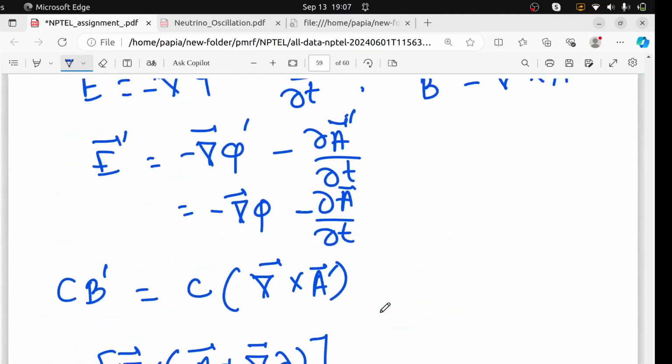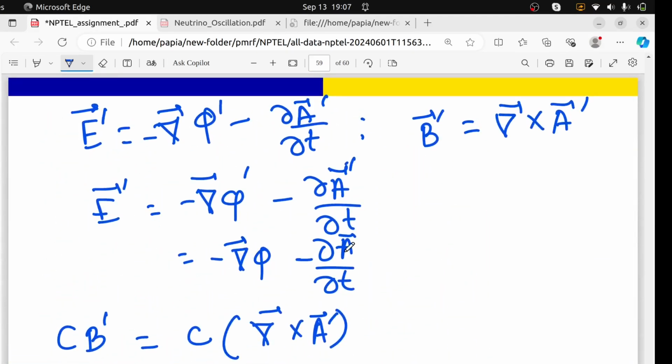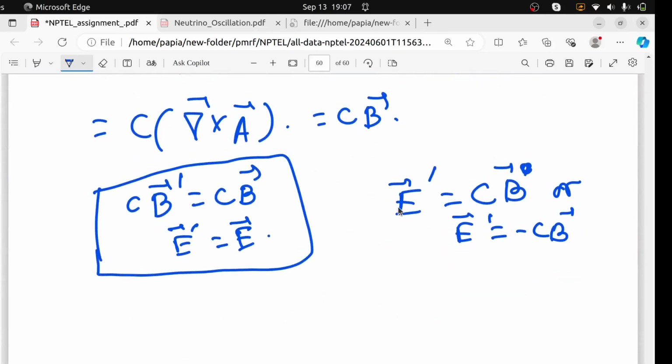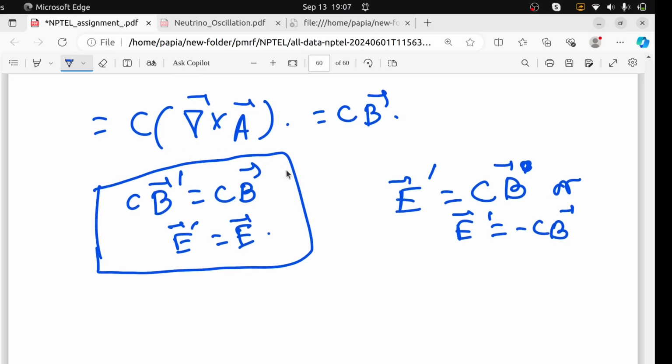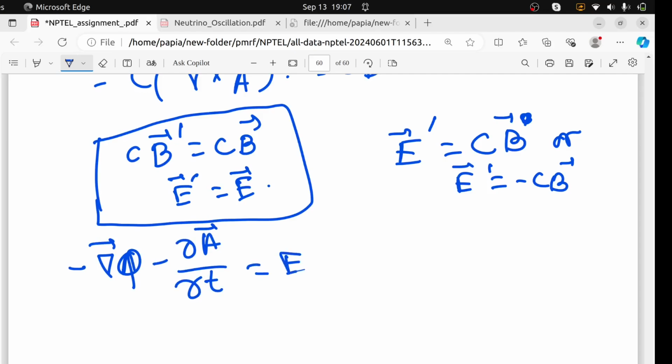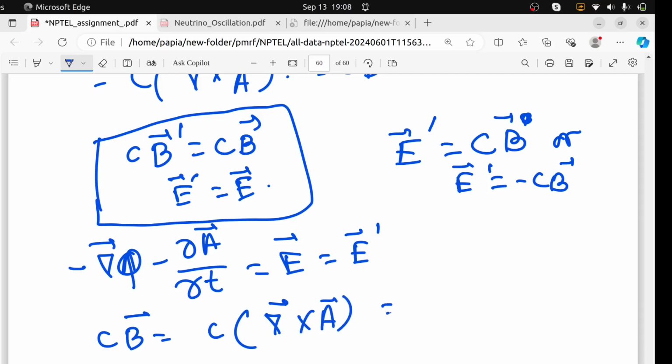E prime is simply minus grad phi minus del A del T, and CB is simply C curl of A. So minus grad phi minus del A del T, that is E, that is again E prime, but CB is C into curl of A, which is again curl of A prime.